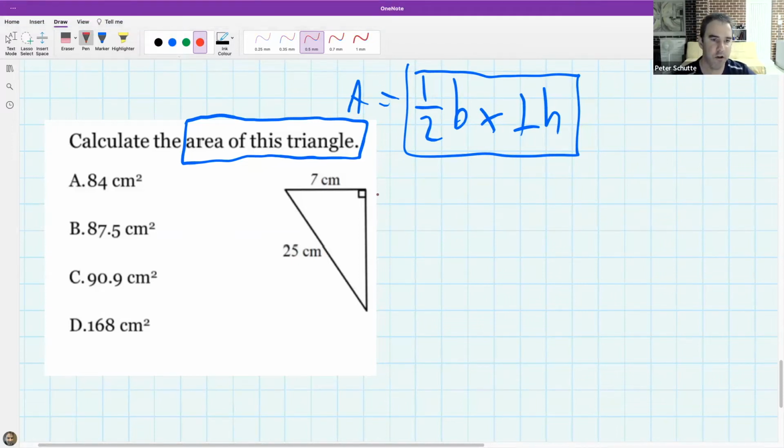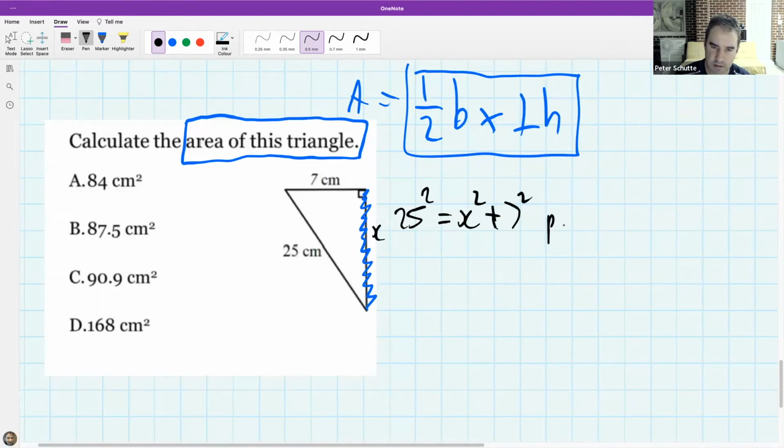So I think it would be a good idea to work out what this length of side is. And then once you've worked that out, what else can you work out? That would be my advice to you. So I'm going to call this side, I'll just call it X. And then if I did that, I know that Pythagoras could help me work out the first bit.